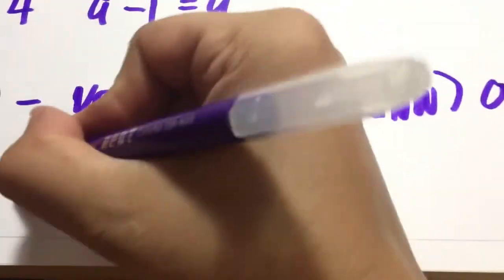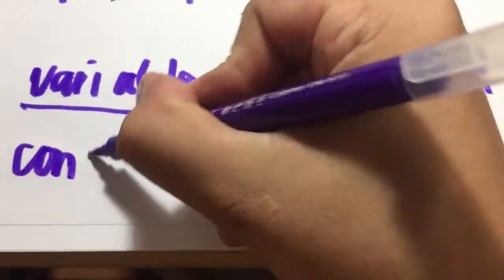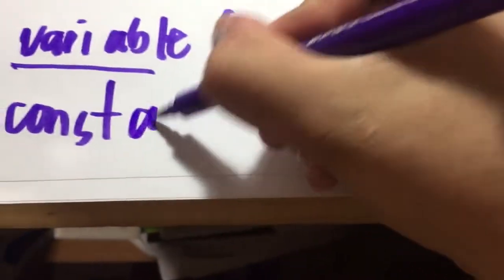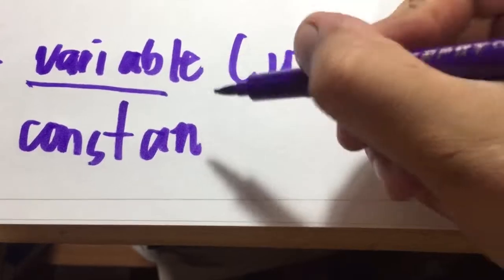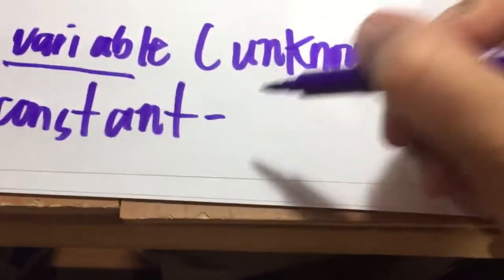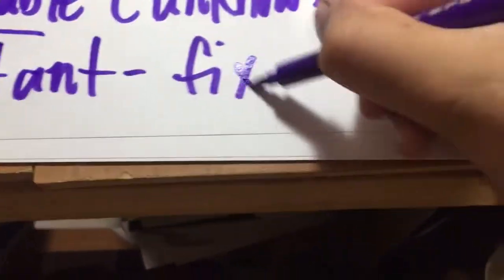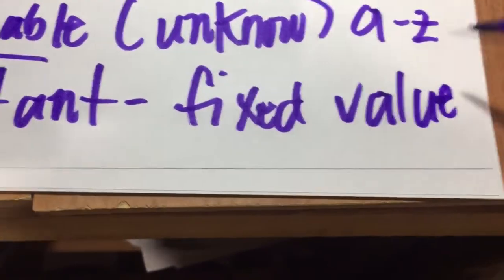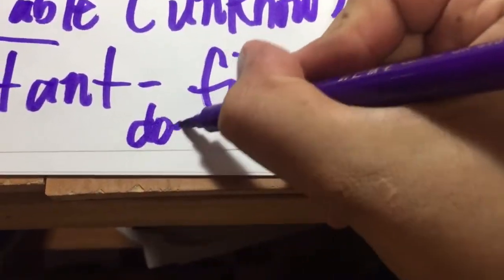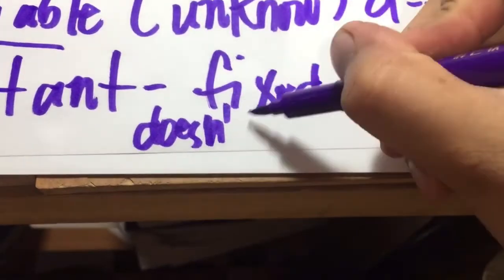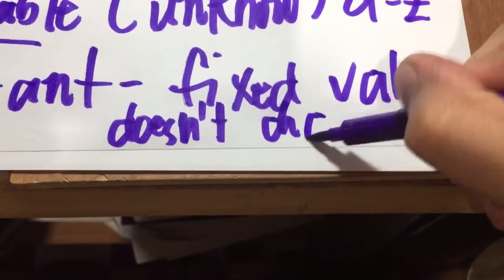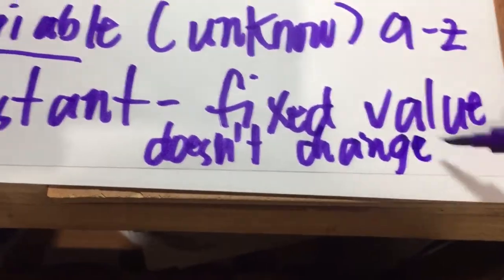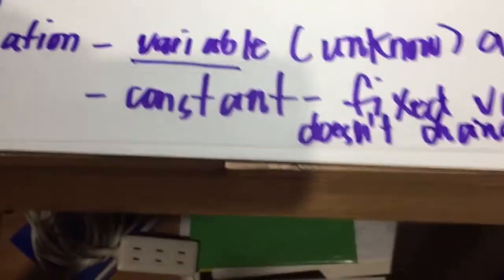We also have a constant. An equation also contains a constant. A constant is a fixed value, so meaning it doesn't change. So this is an equation.